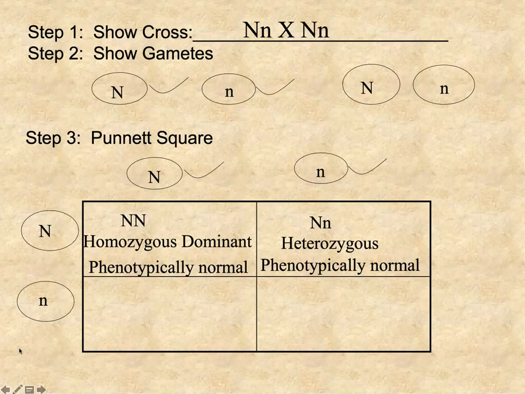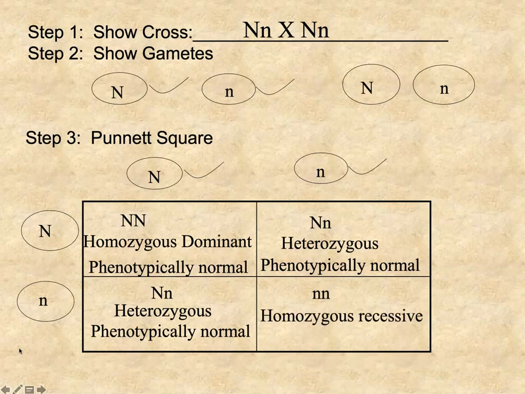And so again, if you have a dominant allele in one of the gametes, one of the sex cells, and a recessive allele in the other sex cell, you're going to get a heterozygous individual that is phenotypically normal. But again, that individual carries the genetic disease. If a sperm cell with the recessive allele fertilizes the egg cell with the recessive allele, that individual will have two recessive alleles.